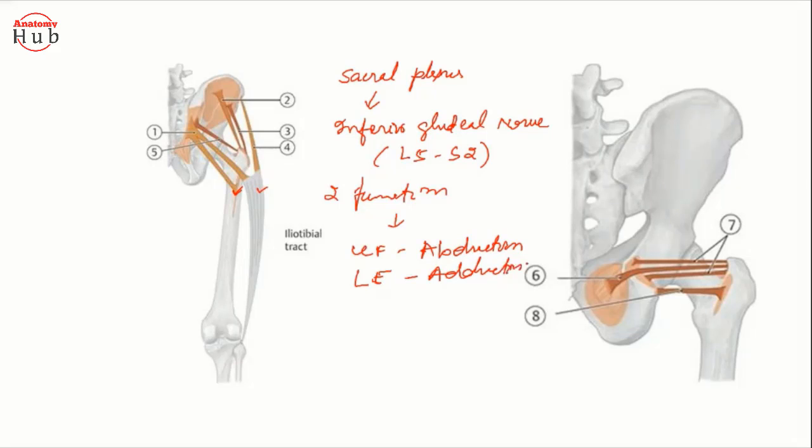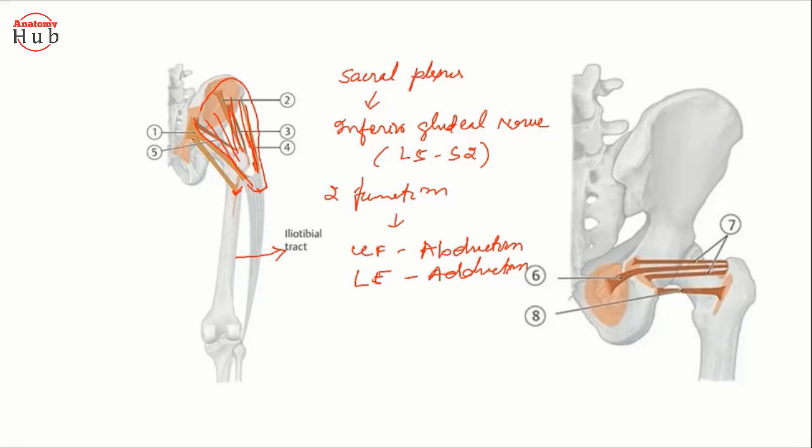Because here you can see the direction of fibers. If this is your gluteus maximus muscle, and this muscle contracts, then the hip will go in this way. So that is the abduction.